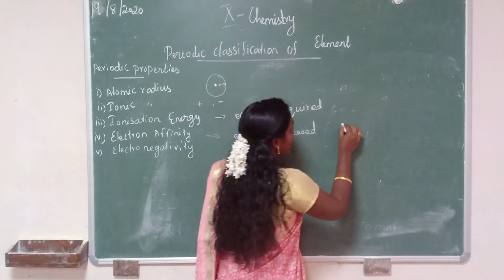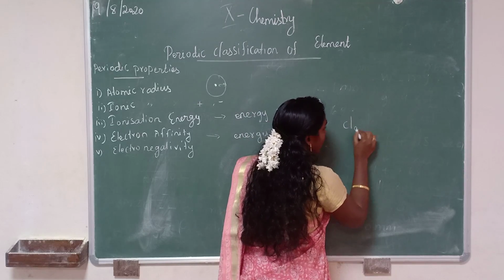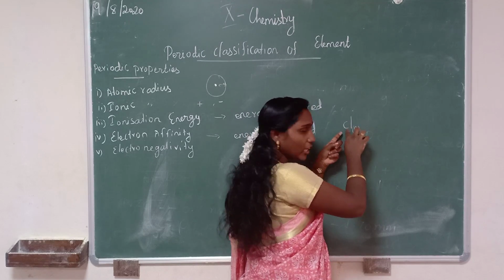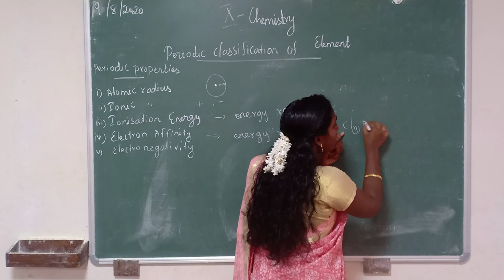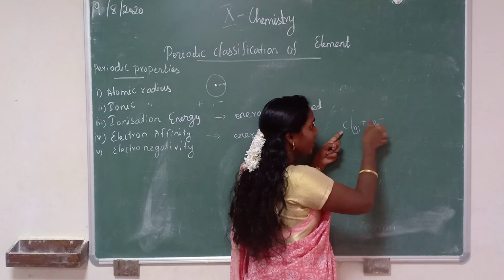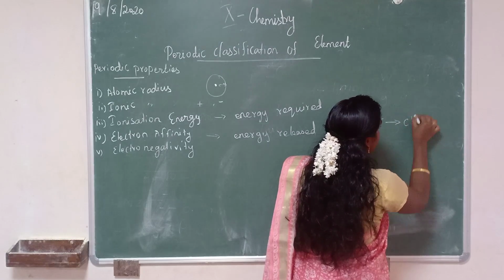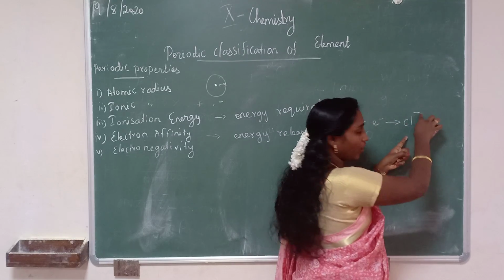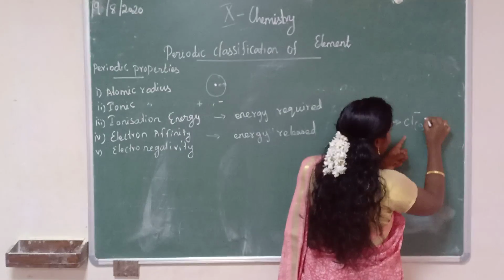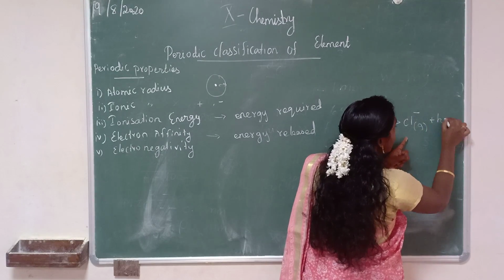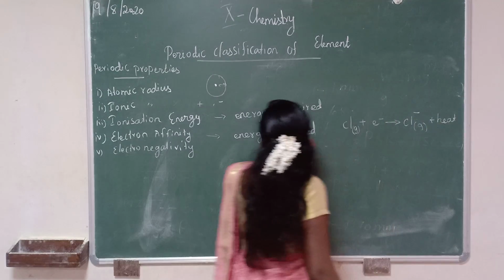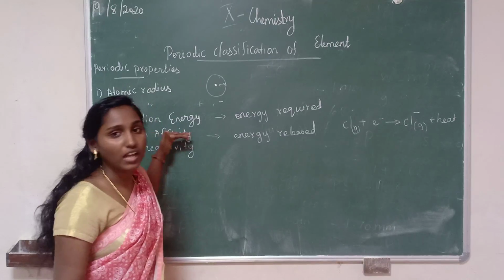For example, you can take chlorine gas. When the chlorine gas gains one electron, this chlorine attracts the electron to form Cl minus. That is an anion, also a gas. At that time, it will release heat. So that is called electron affinity.